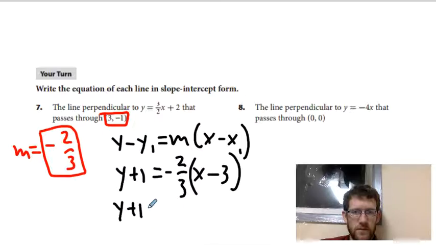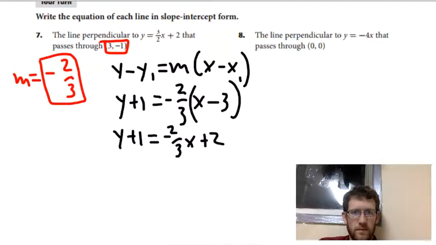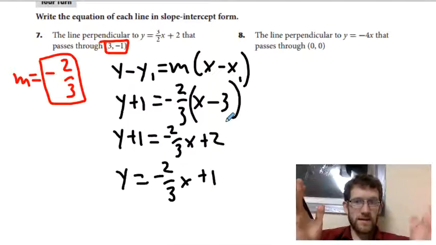Y plus 1 equals, double negative here again, so it's a positive. 3's cancel. I'm just left with 2. And then finally, y equals negative 2 over 3 x, subtract 1, so y plus 1. Cool. That's it. That's all I got. Those are my 2 examples. Shorter video though.